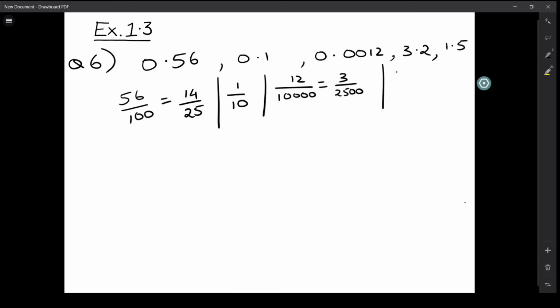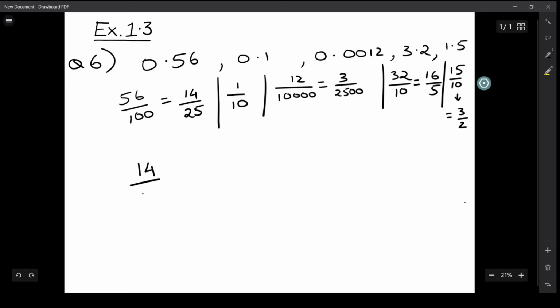Next we have 3.2, which is 32 by 10 or 16 by 5. 1.5 is 15 by 10, or this can be represented as 3 by 2.